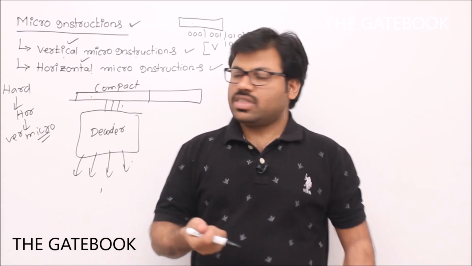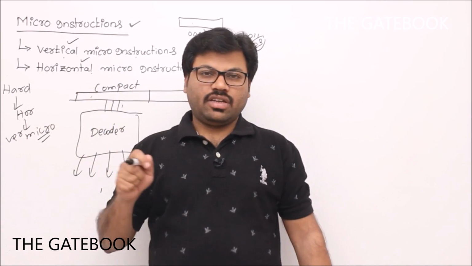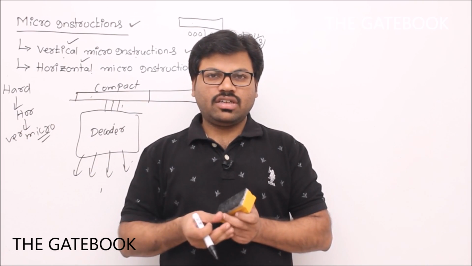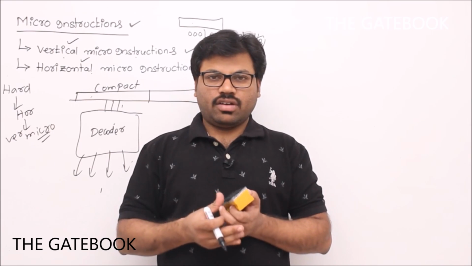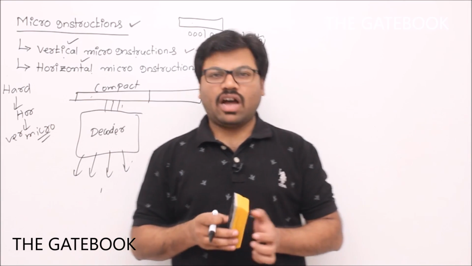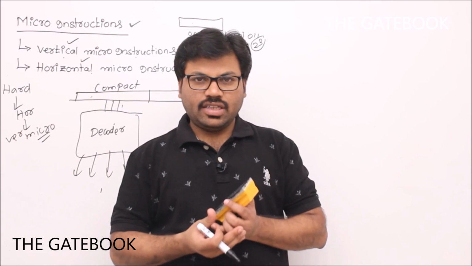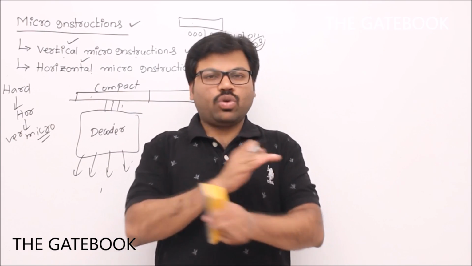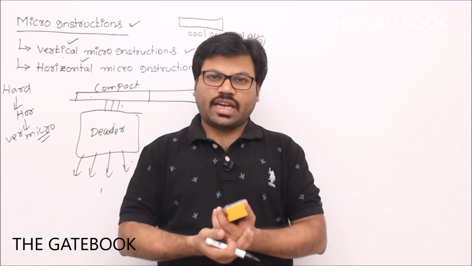Sir, why do people still prefer microprogramming if hardwired is faster? Then second question, sir, why don't people prefer hardwired? In which cases should we not prefer hardwired? The problem with hardwired is, suddenly if you want to add a new instruction, then we have to collapse the circuit and start from scratch.